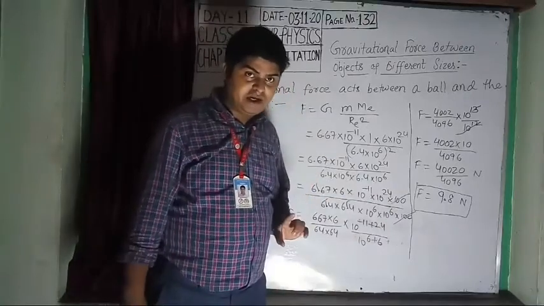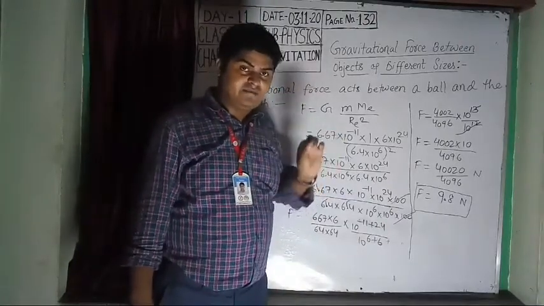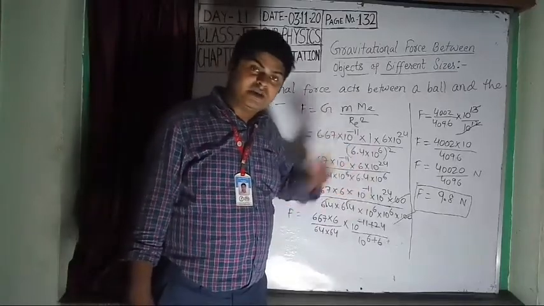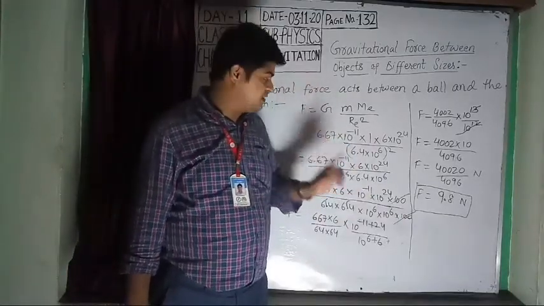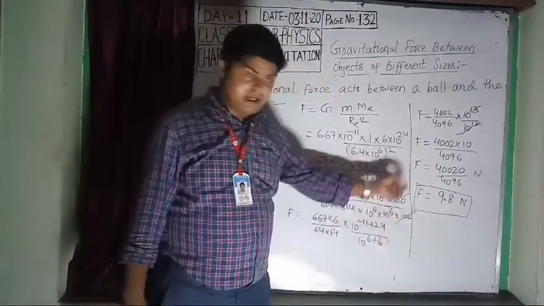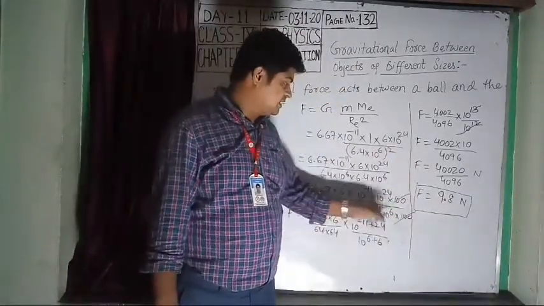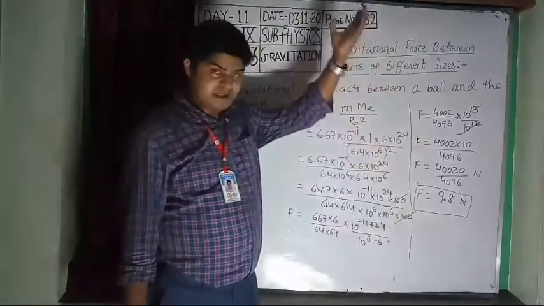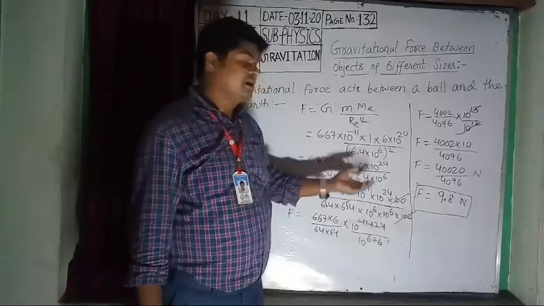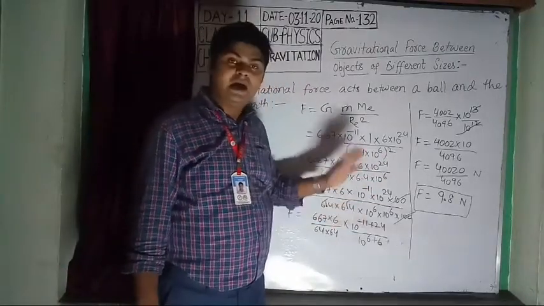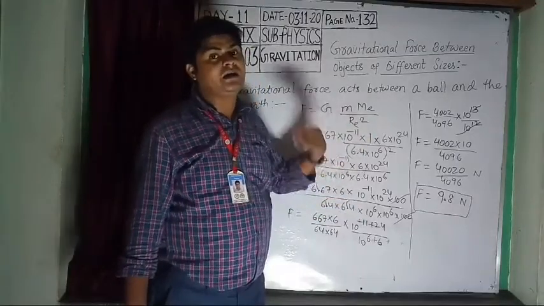I have told you that in the universe every particle exerts equal force on each other. That means the earth exerts 9.8 Newton on the ball, then the ball also exerts 9.8 Newton on the earth, but the ball is attracted by the earth and the earth is not attracted by the ball. Why? I will discuss in a later class.